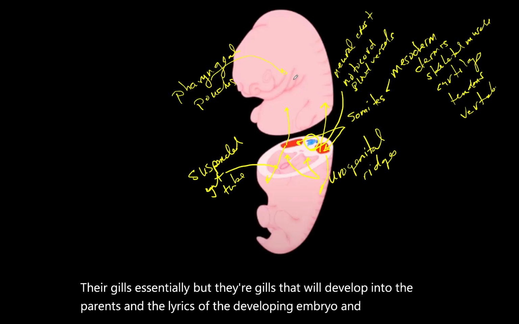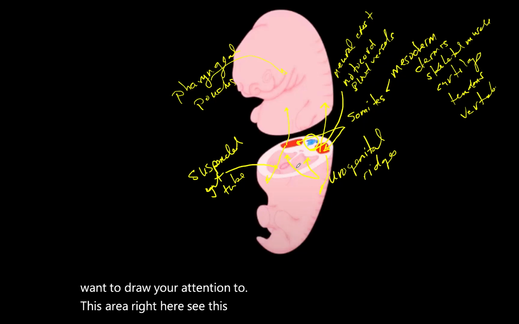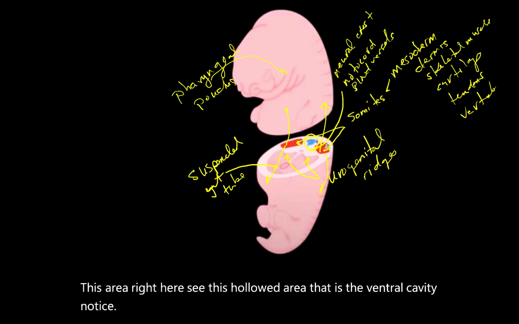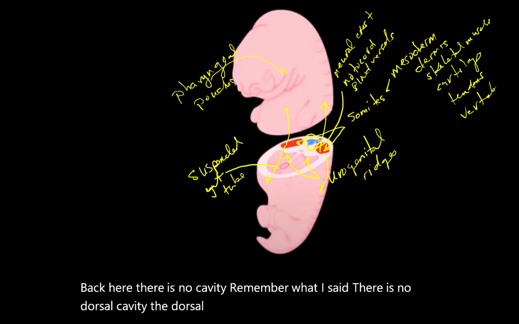I do want to draw your attention to this area right here. See this hollowed area? That is the ventral cavity. Notice back here, there is no cavity. Remember what I said. There is no dorsal cavity. The dorsal cavity does not exist. And that's exactly what you're seeing right here.